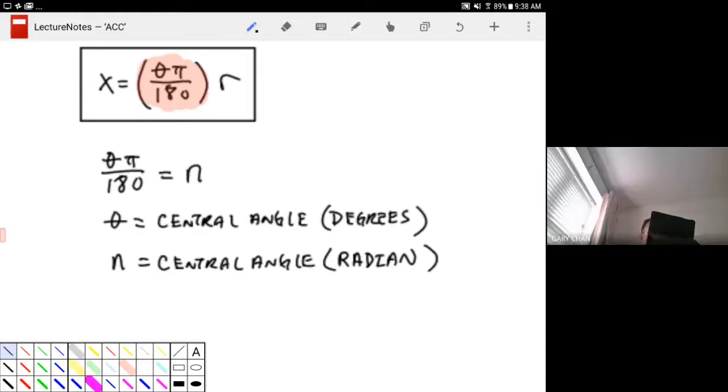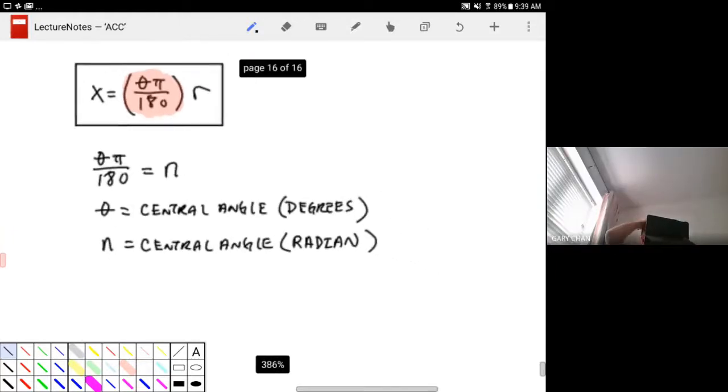The central angle in terms of a radian came from the concept of not describing the angle measure of a circle in terms of degrees, but rather in terms of the arc length of what we call a unit circle. There's this concept of what a unit circle is.